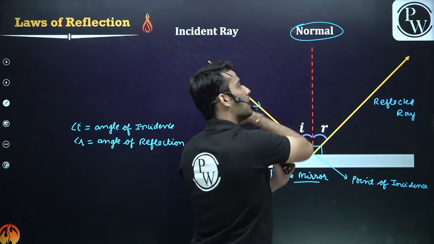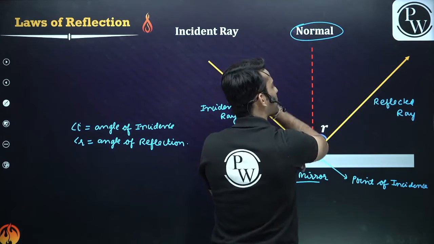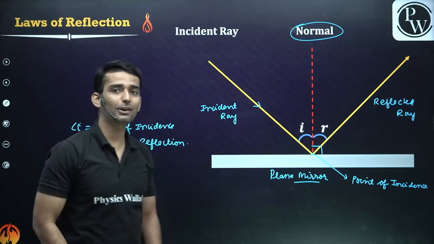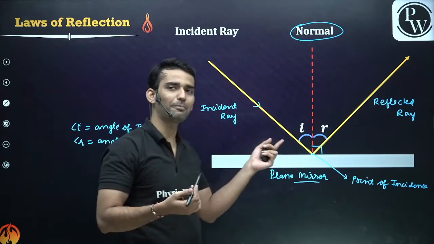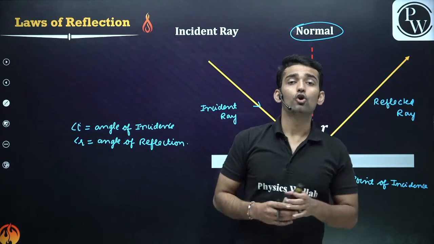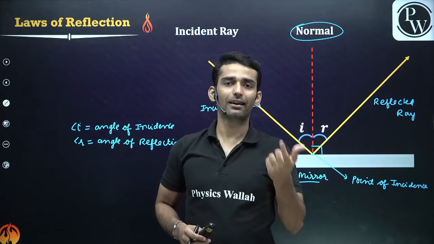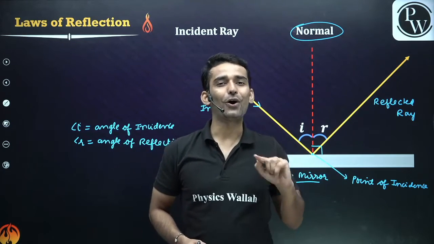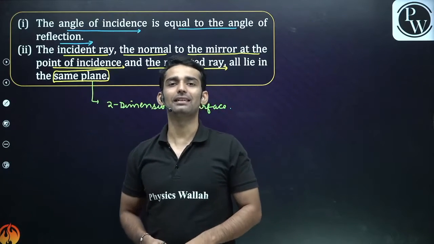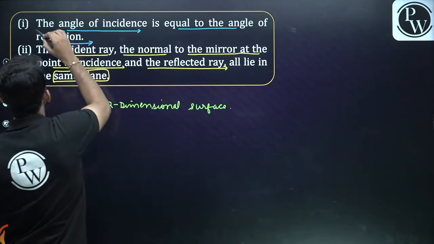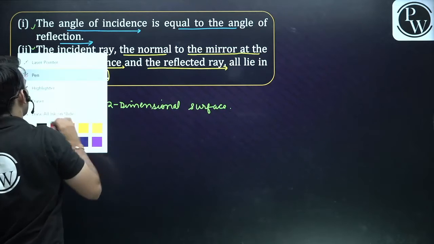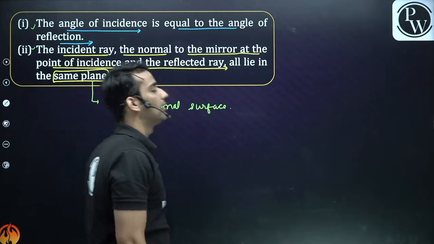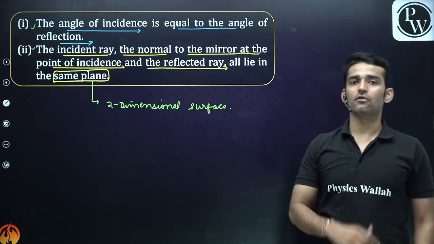It won't happen. All lie in the same plane, like a wiper of a car. Clear? You can remember this second point like this. So all these three light rays, incident, normal, and reflected ray, all lie in the same plane. Is it clear, guys? So these are the laws of reflection of light. Clear? Write it down fast.